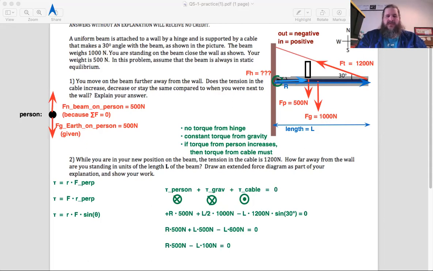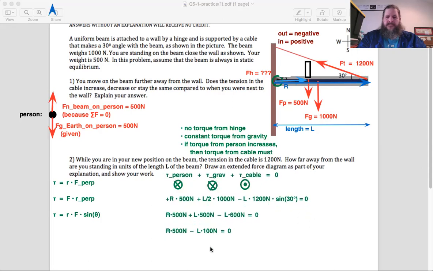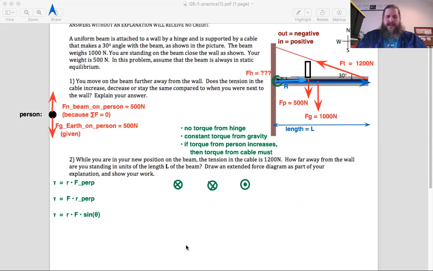What else would we need to do to actually solve for R here? Yeah, add 100L to both sides. So 500 newtons times R equals 100 newtons times L.